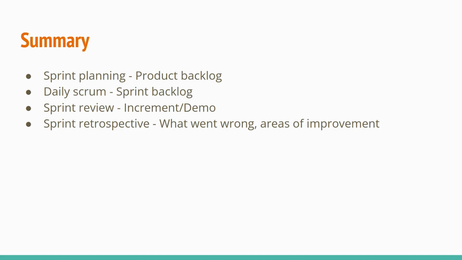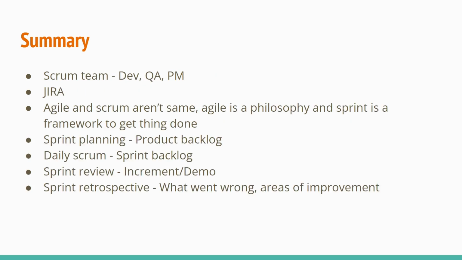Sprint review. What is sprint review? In the sprint review meeting, your work is evaluated. If you have done something good or not in the sprint, it is evaluated. And sprint retrospective is a similar kind of thing: what went wrong, areas of improvement. Now we will talk something more about the summary.